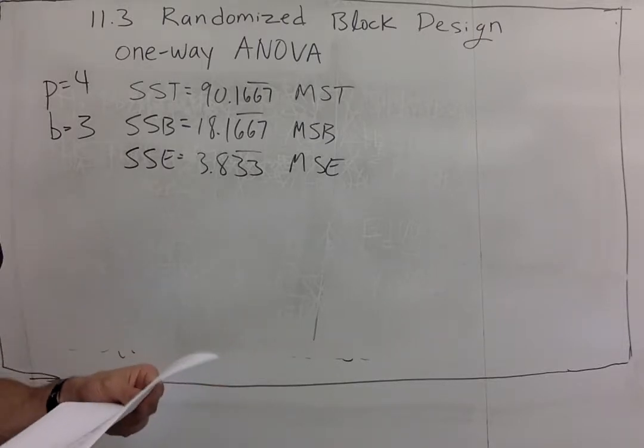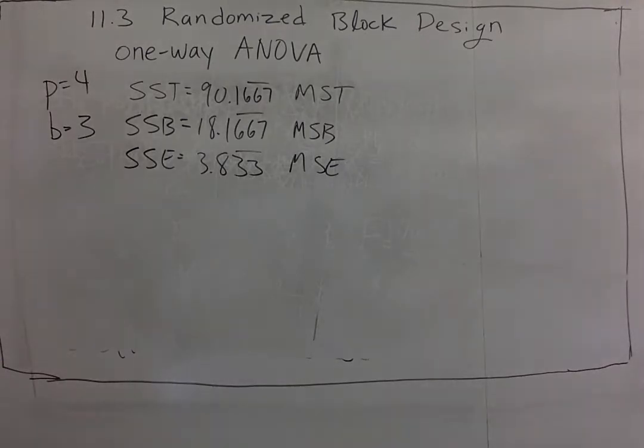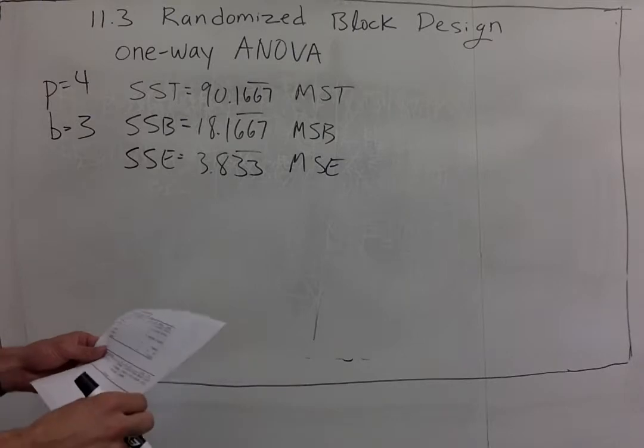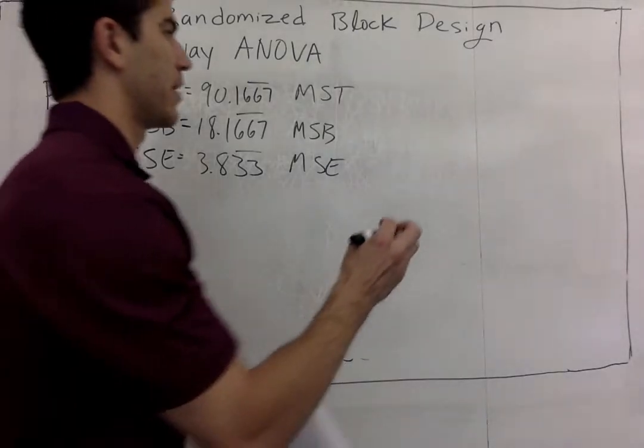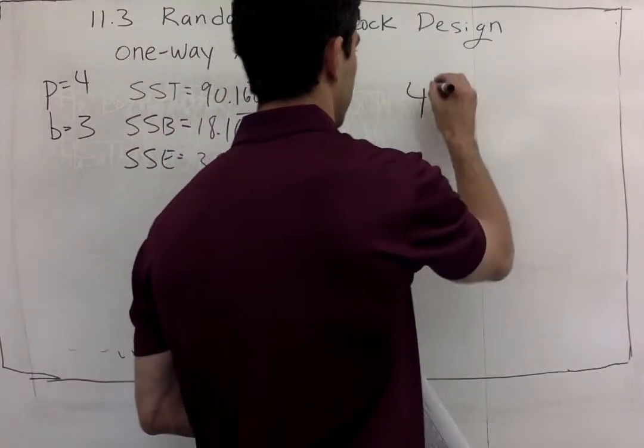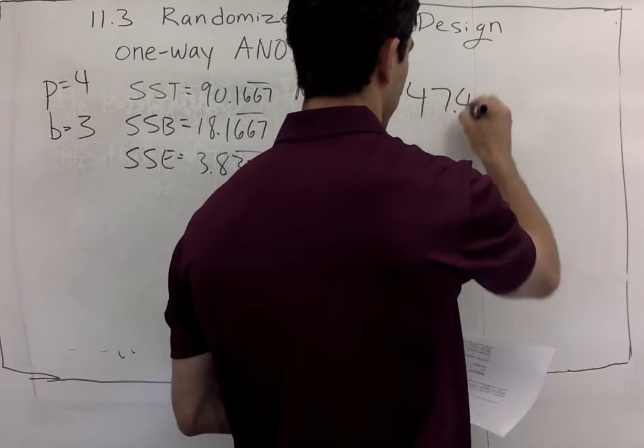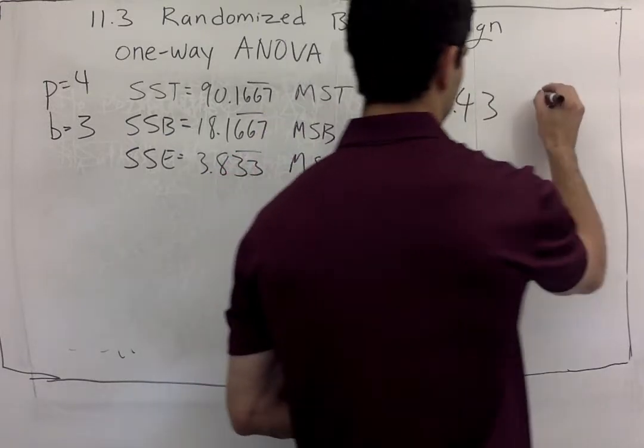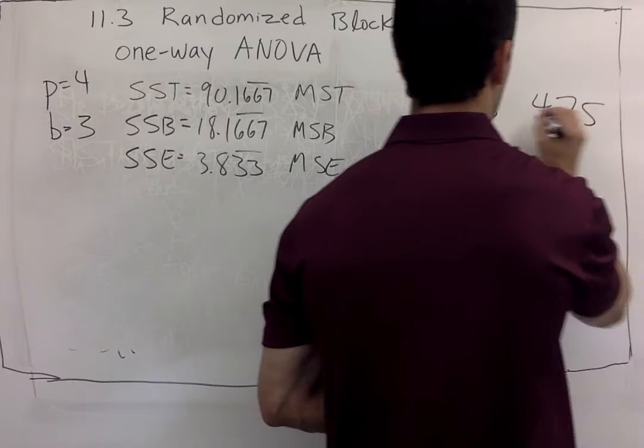So the first question is, are there differences between the production methods? Do the different production methods result in a different amount of defects per production run? And you could do 2 things. You could compare the test statistic, 47.43, to the critical value, 4.75.